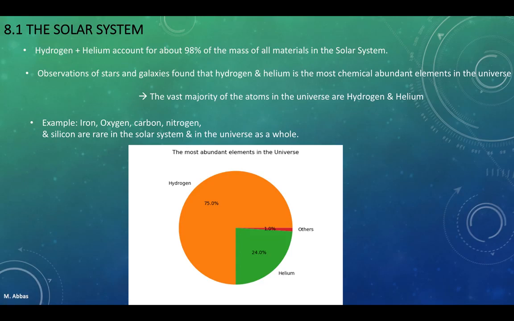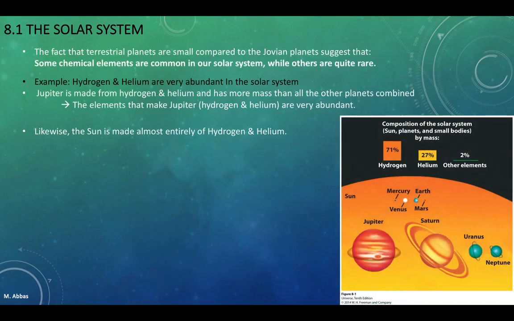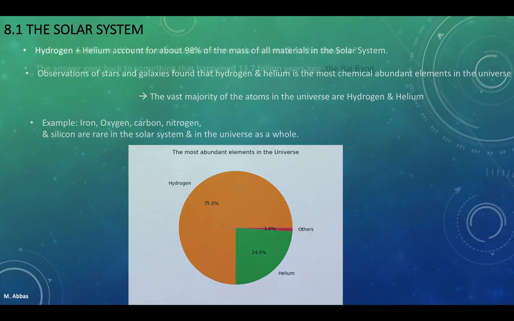So hydrogen and helium had so much time to be created, not inside the stars but outside the stars. So it is easier to make hydrogen and helium. Don't worry about this so much now. This is called chemical abundance in the universe, and this is something we will discuss later on when we talk about the evolution of stars. Just know the distribution of the elements in the universe as well as in the solar system.